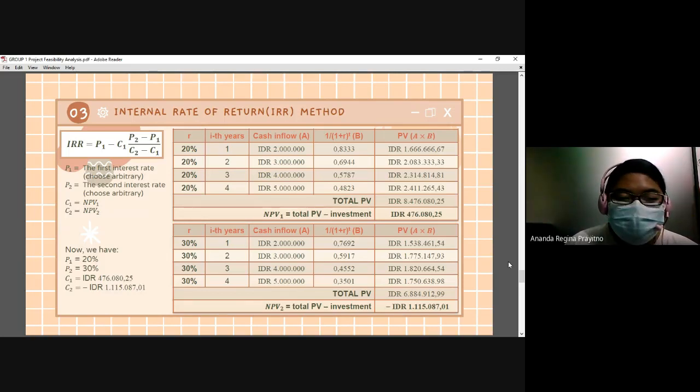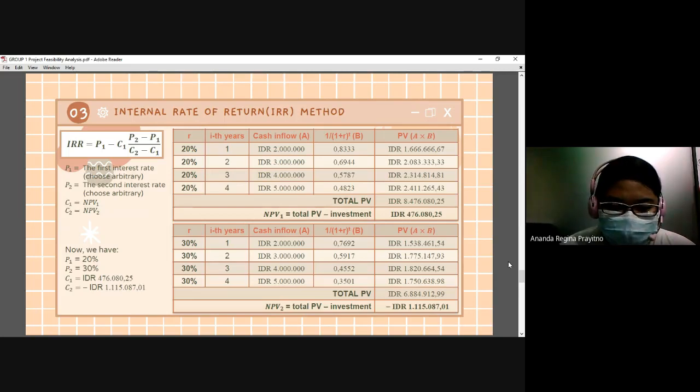So we get the first NPV, which is positive, 476,025 rupiah, and the second is negative, 1,115,087.1 rupiah.